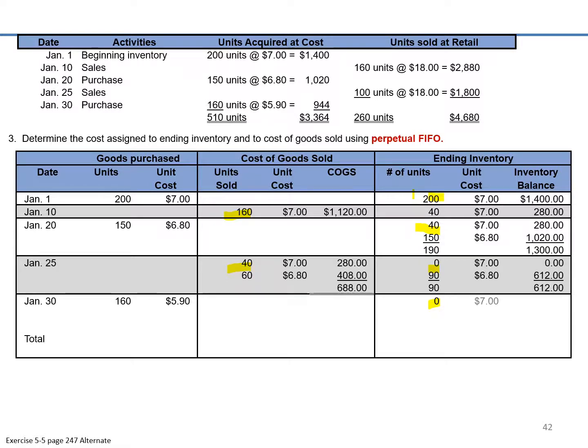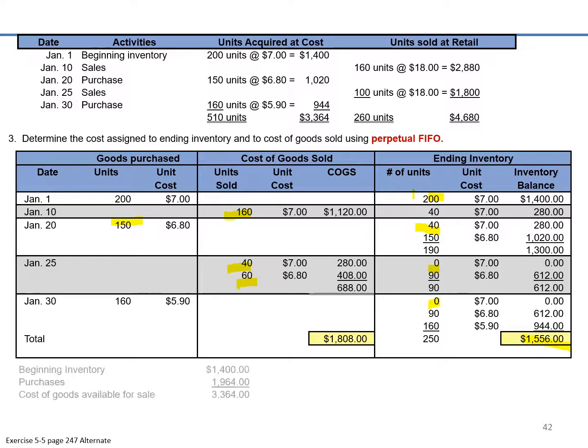Then I have 90 units left from my 150 that I purchased, because I purchased 150, and then here at $6.80 I sold 60 of those. So I've got 90 left at my $6.80 price point. And then I just bought another 160 at $5.90. So I have total units of 250 at a total cost of $1,556.